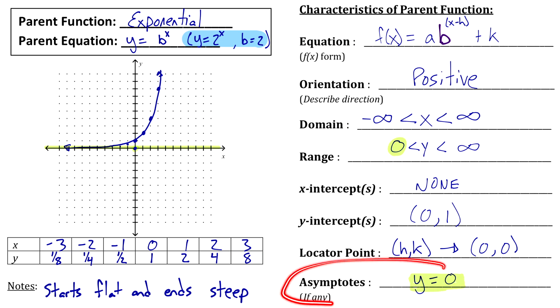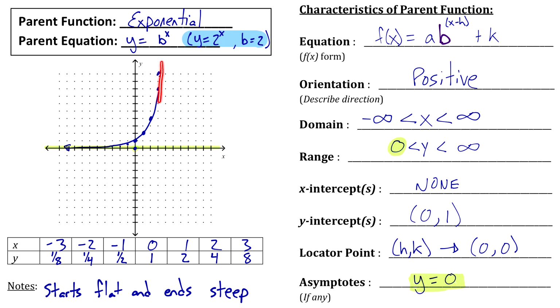So you'll notice the asymptote is actually an equation of a line, and that equation for us, for this one, is y equals 0. So y equals 0 is this line right here for right now, which can be moved, but the reason why we call this an asymptote is it's really an imaginary line. It's not actually part of the graph, but it's an invisible line like a force field.